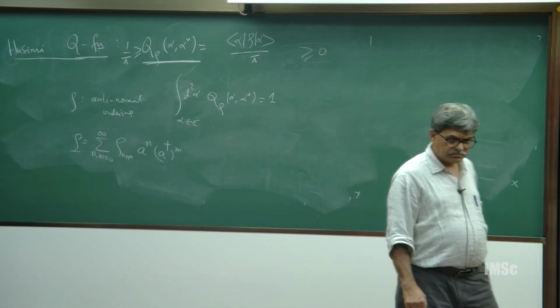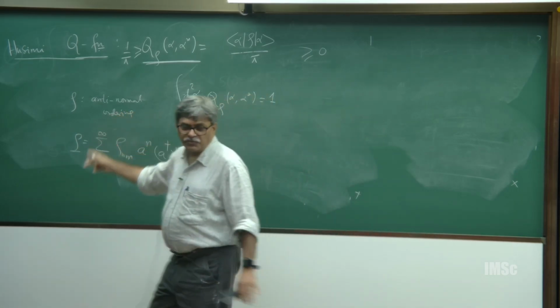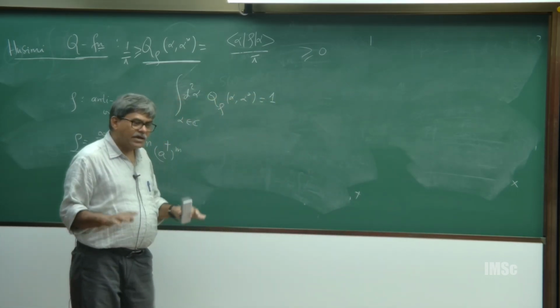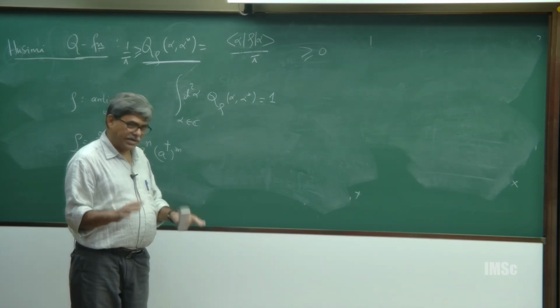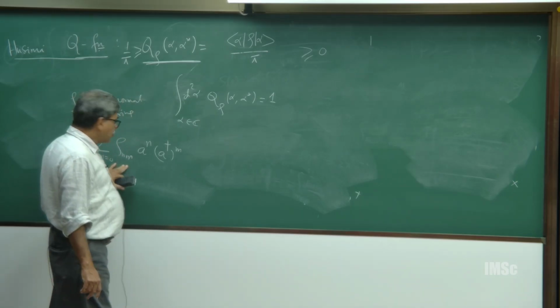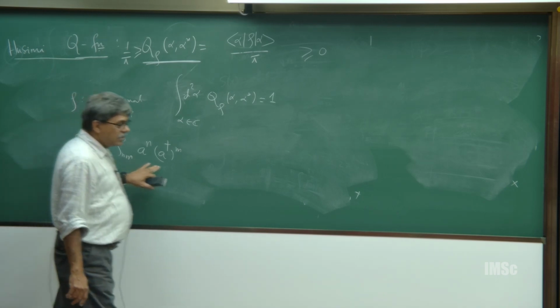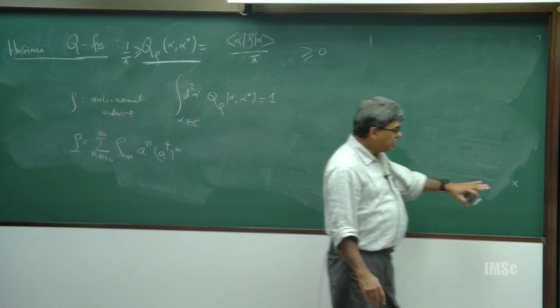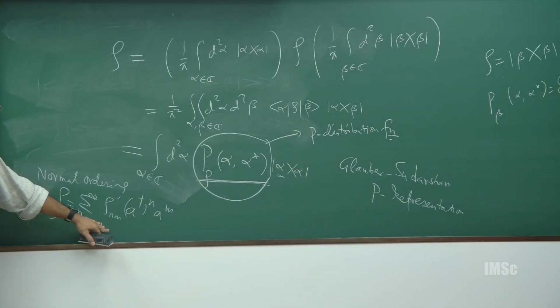What did you mean by anti-normal ordering and normal ordering? So, any operator of your system can be written as a sum of products of powers of a and a dagger, right. So, this is one such expression which is anti-normal ordering. The same operator can also be written in the normal ordering form, okay, right.